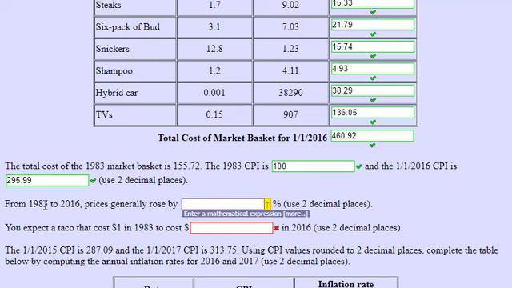Okay, so from 1983 to 2016, prices generally rose by what percent? The way you do this is what it is, and this is what it was. And remember, percent change is what it is minus what it was, divided by what it was, times 100.